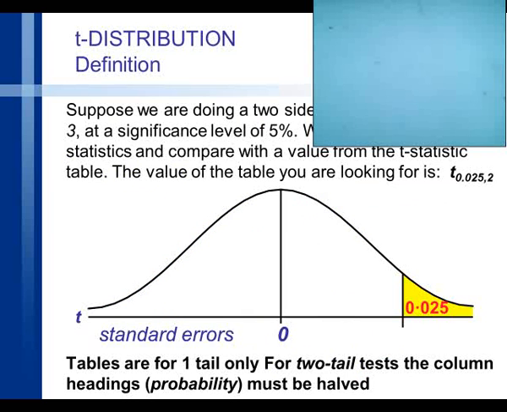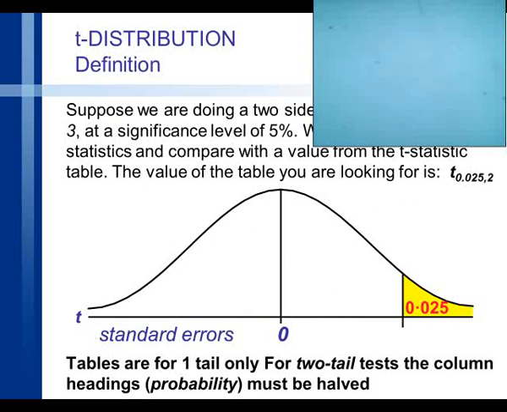Okay, so how to look up the values? The tables are for one tail only. Okay, suppose that we are doing 5% significance. This is a two-sided test. Suppose we have a two-sided test, so the sample size is 3.